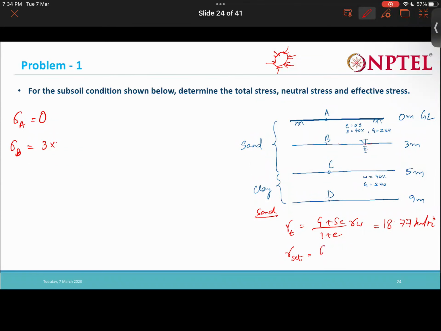Okay? And for gamma saturated, S will be 1. So please find out this one also.